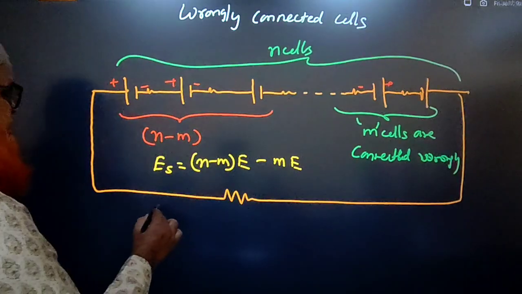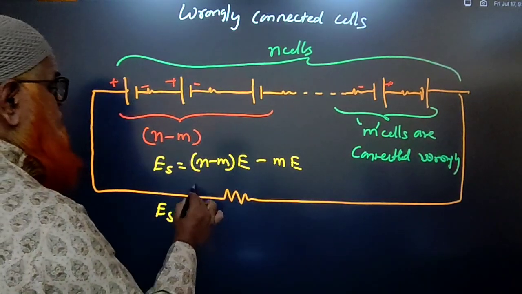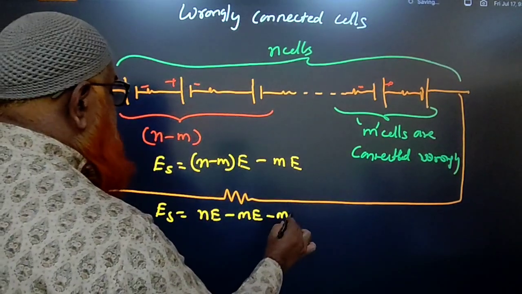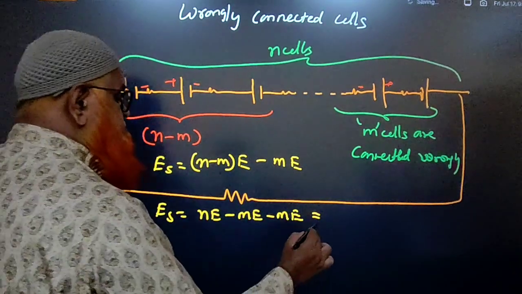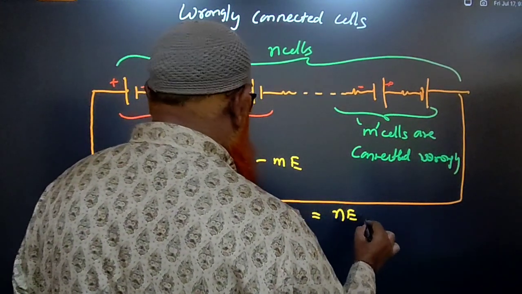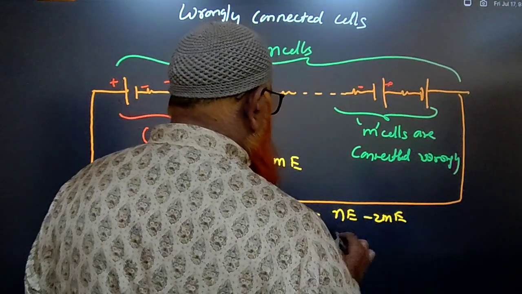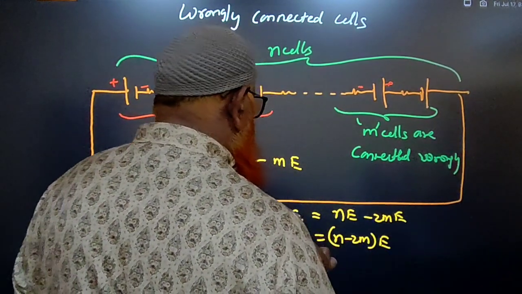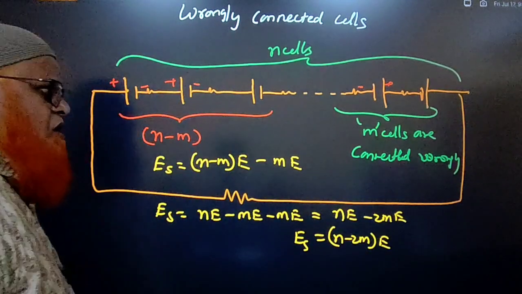If you simplify this, E in series is equal to N into E minus M into E minus M into E, which gives you NE minus 2ME, which is nothing but (N minus 2M) into E, in series connection and wrongly connected case.